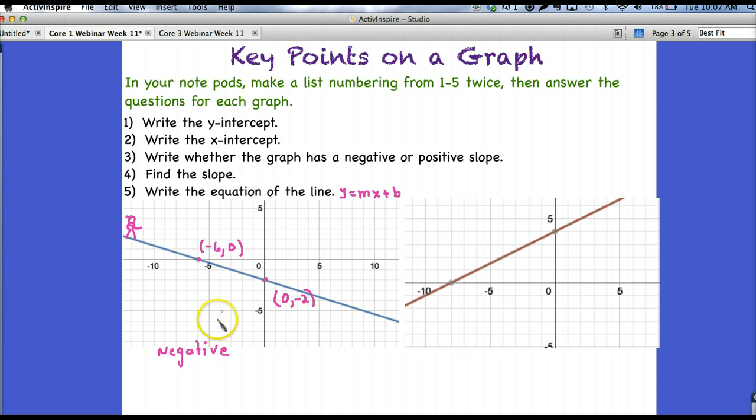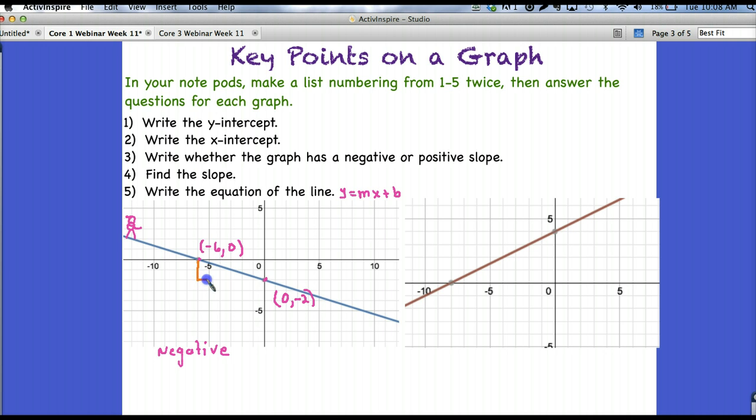Okay, so let's first find the slope. So the slope of this line is rise over run, right? We can find it by subtracting our y coordinates and putting that on top, and subtracting our x coordinates and putting that on the bottom, or we can just count. And I think I'm just going to count. So I'm going to start here, and I'm going to count down until I get even with this other point. So I'm going to count down 1, 2, actually just 2, right?